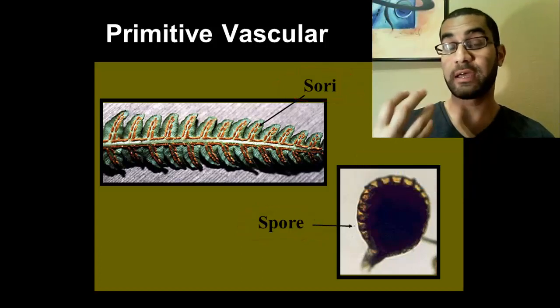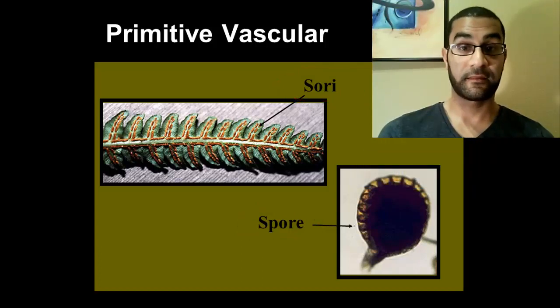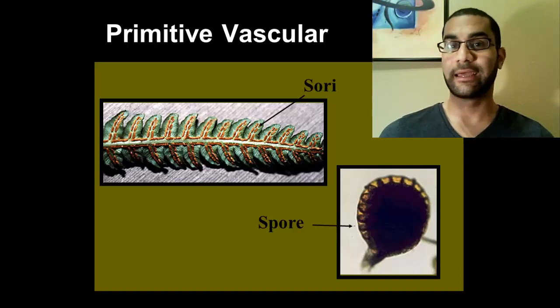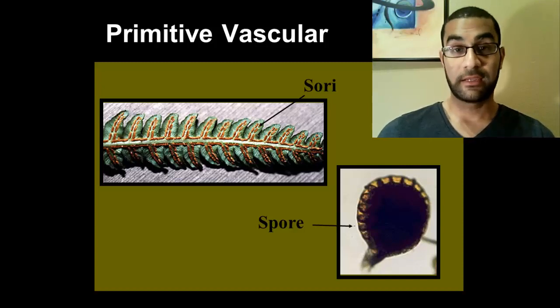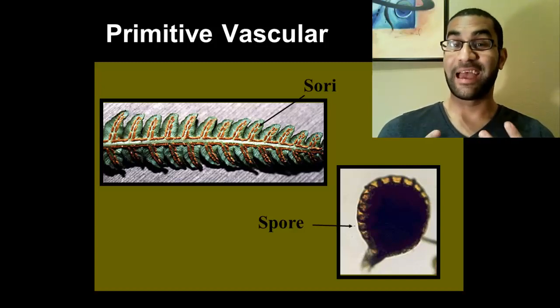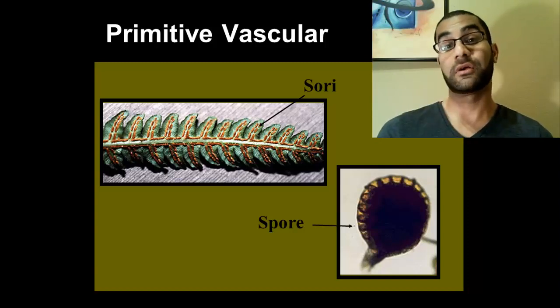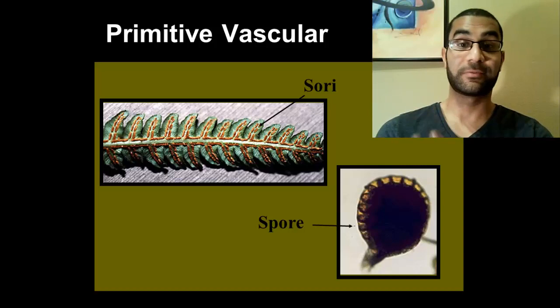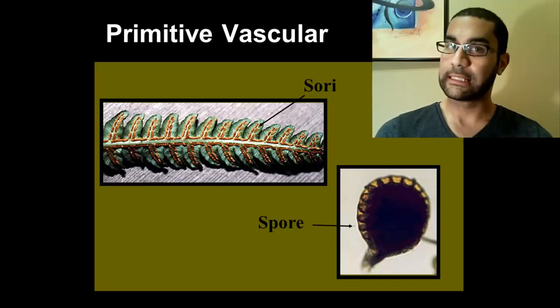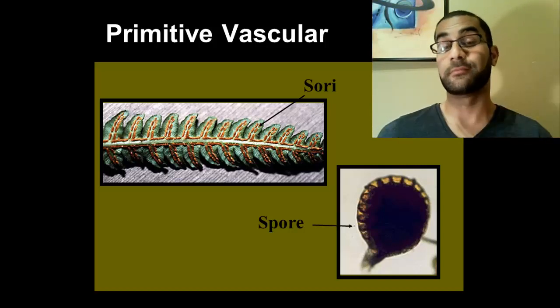These little sori or spores will fall onto the ground, and if the ground's dry, then that's it. That plant can't have any opportunity of actually reproducing. But because they're primitive, they have to survive in an area that is still pretty wet, so that when those sori fall, they have the ability of actually being transported a little bit through the water and can get where they need to go, so they could possibly develop into a new one.